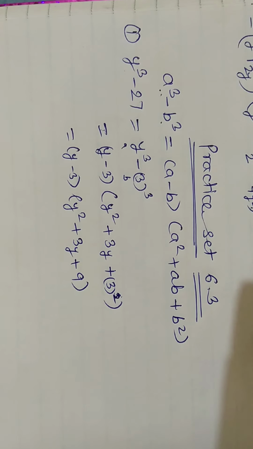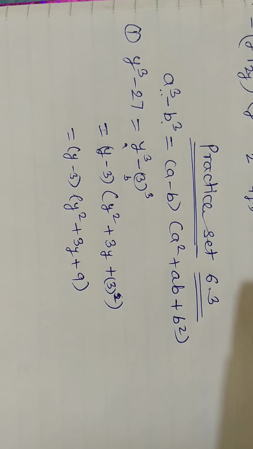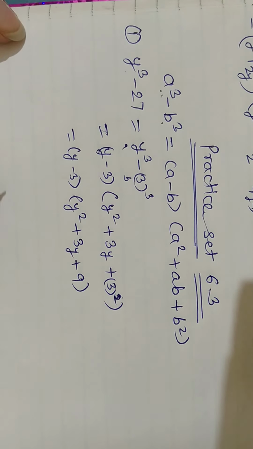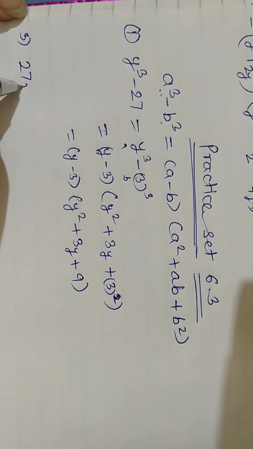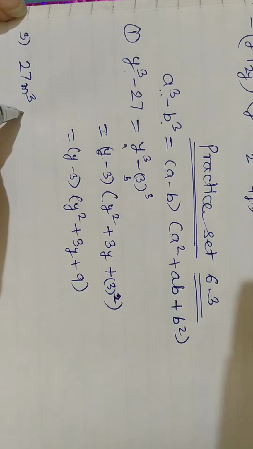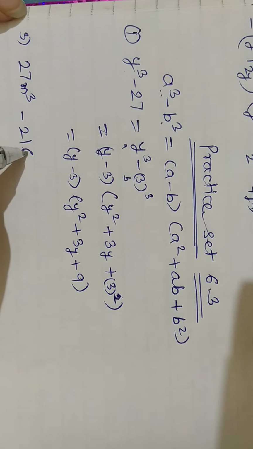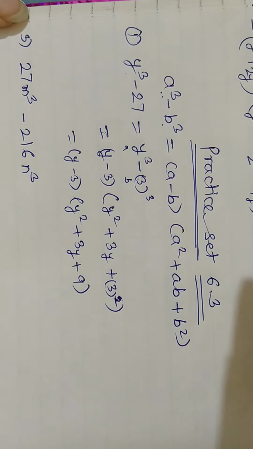Now we'll go to the fifth one. See, the third one we'll see, 27m cube minus 216n cube. For this you should know the cubes and cube roots.